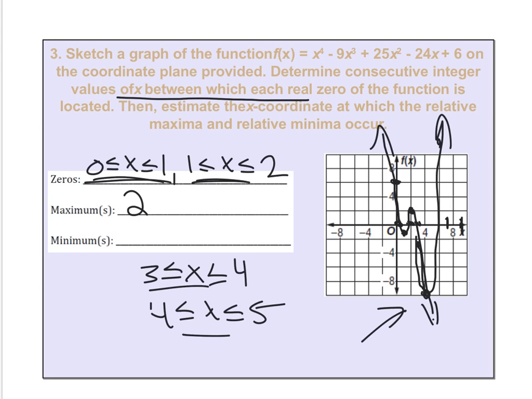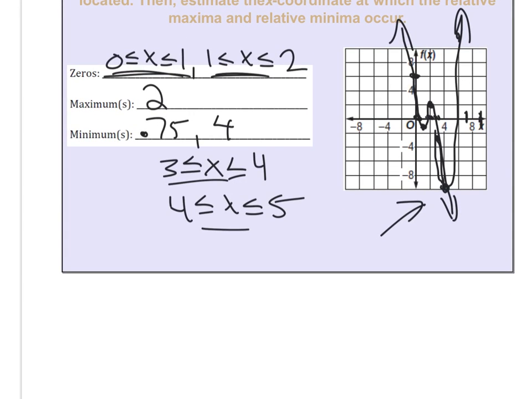This one out here is going to be at 4. And this other minimum is going to be at 0.75.